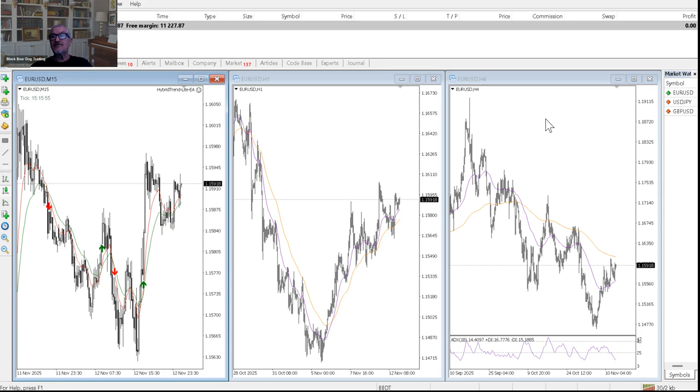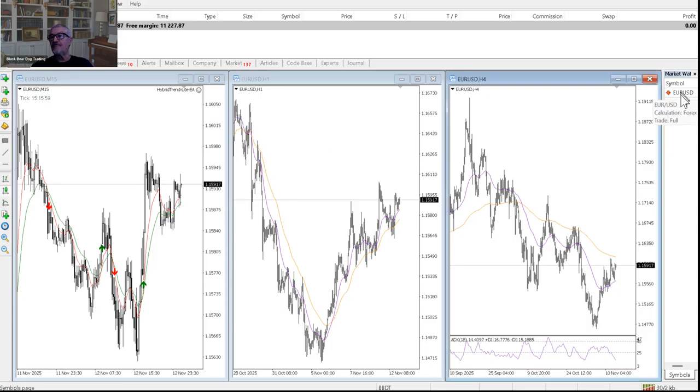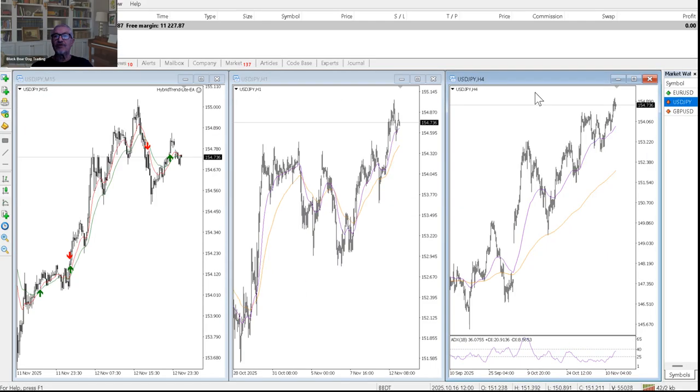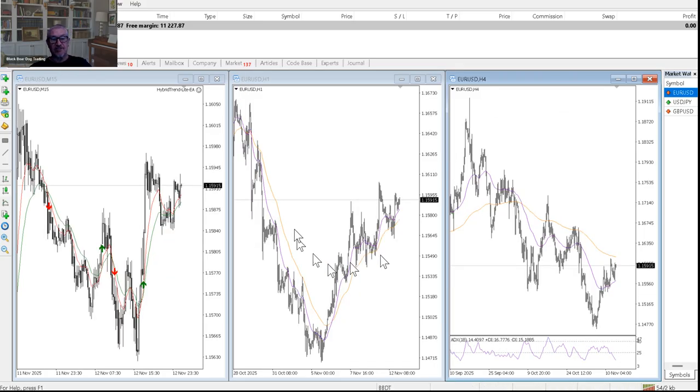In the H4 chart, we added also a freebie, the chart sync, which allowed us to move from one currency pair to the next, automatically populate all the charts without having to go one by one to add the currency pair that we want to analyze and potentially trade.